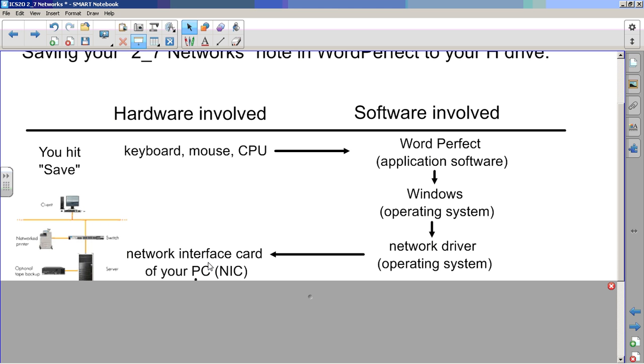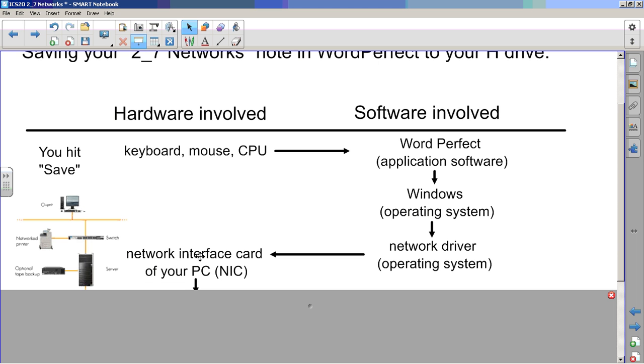So a network card was one of those expansion cards that we actually touched that's inside the CPU. It's installed, and it's a NIC, network interface card. It looks like a chunk of motherboard that's attached in your computer.